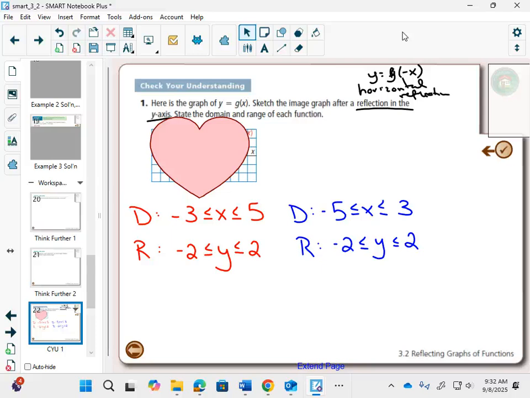First of all, the range is easy because if it's a reflection in the y-axis, it's horizontal. Horizontal affects only the x's. Do you notice that our two ranges are the same? Because the y's were not affected. Algebraically, what happens when you reflect? Your x values are going to get multiplied by a -1.